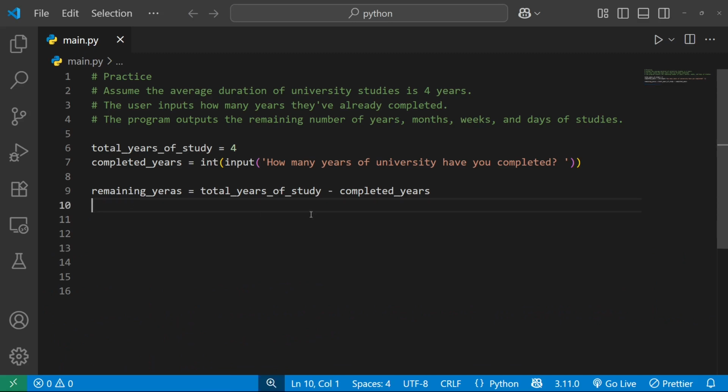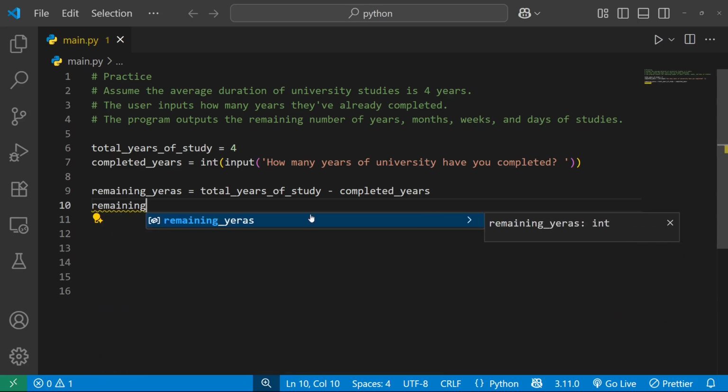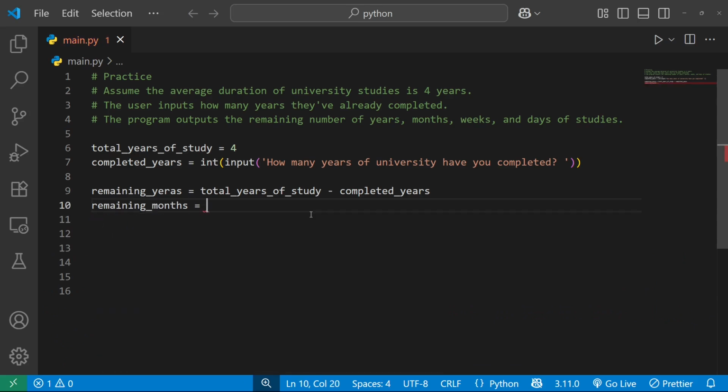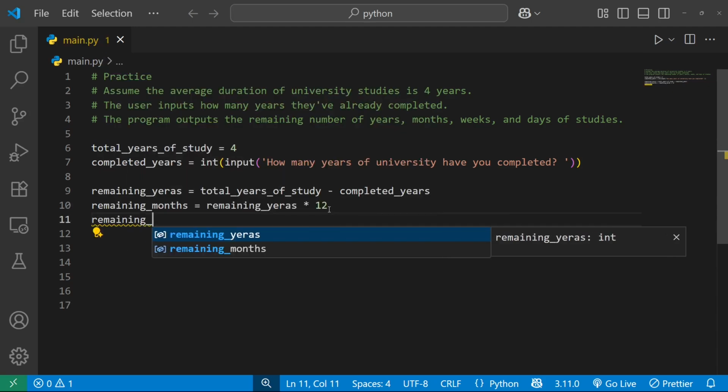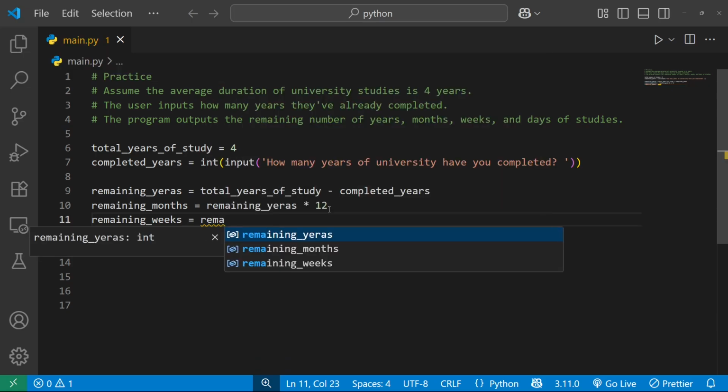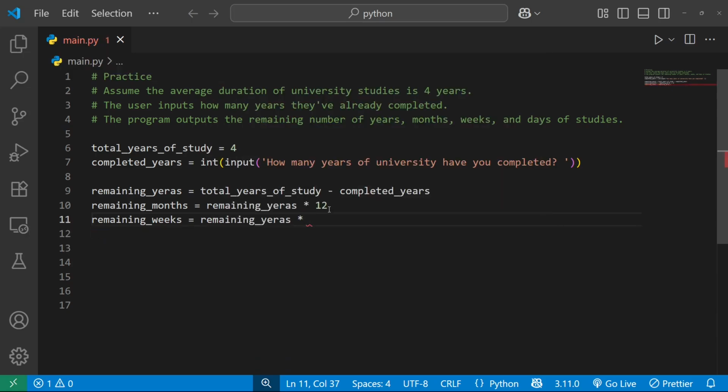So now I can calculate remaining months. I would put here remaining years, multiplied by, and every year has 12 months, right? So remaining weeks, again remaining years, multiplied by, and every year has 52 weeks, right?